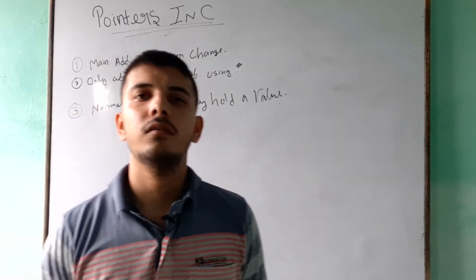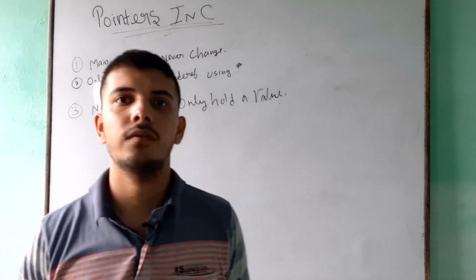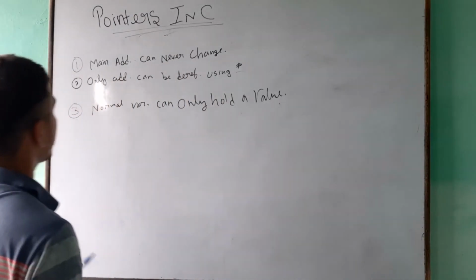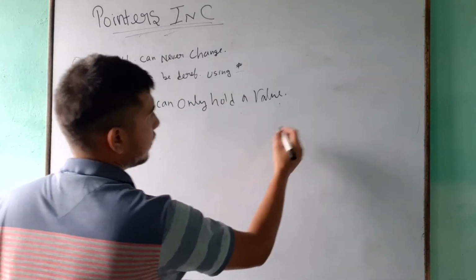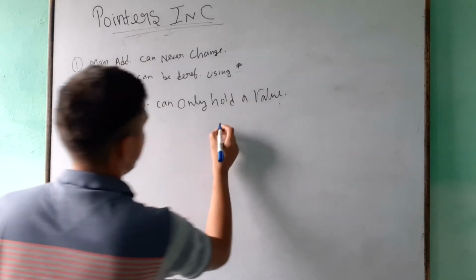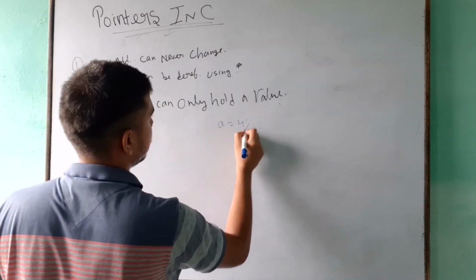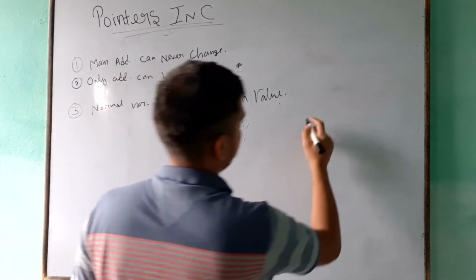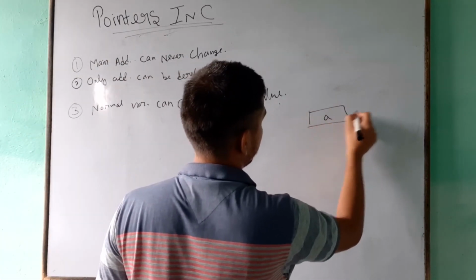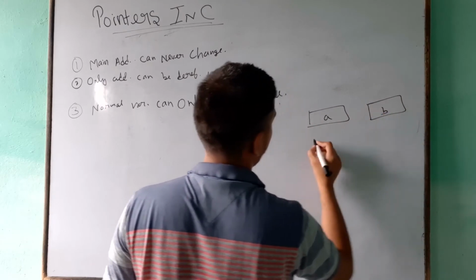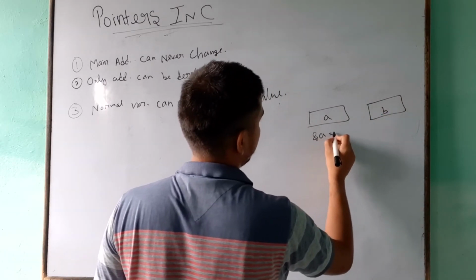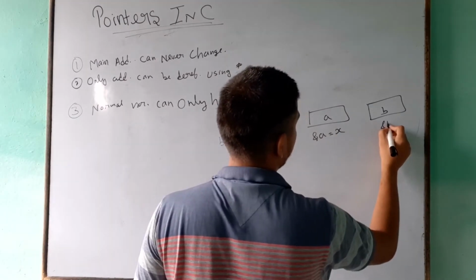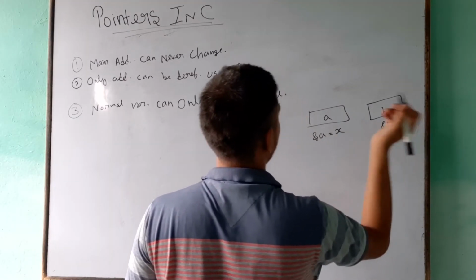Now let's look at some of the examples from what we have studied so far. Let's say a equals 4, b equals 8. This is a, this is b. I am giving random addresses: address of a, let's say x, and address of b equals y.